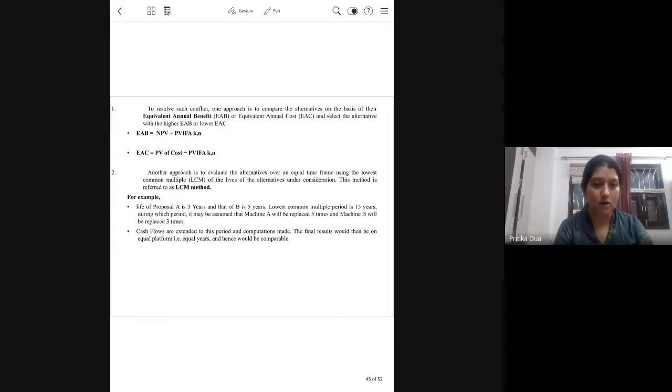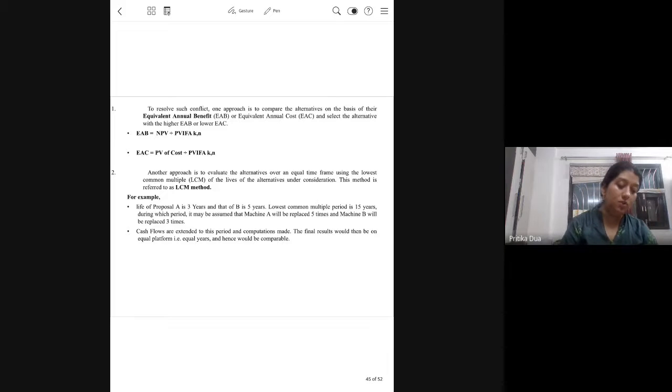So an example is also given here. Suppose there is a proposal A with a life of 3 years and proposal B with a life of 5 years. Now here, if you have these projects under consideration, then as per the LCM method, we first calculate the lowest common multiple, that comes out to be 15.